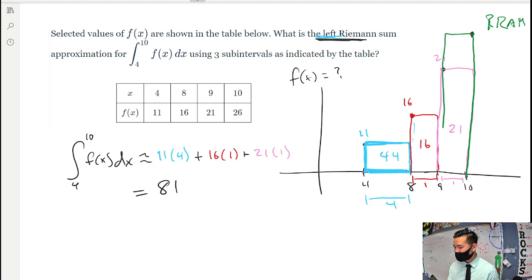So the first one would be 26 times 1, 21 times 1, and 16 times 4. And that would be your RRAM. So you've got RRAM, LRAM, and the trapezoid rule. Pretty nailed down, right? It's not that bad. Would you agree? See, it's doable. That means that there's one that we're skipping, isn't there?